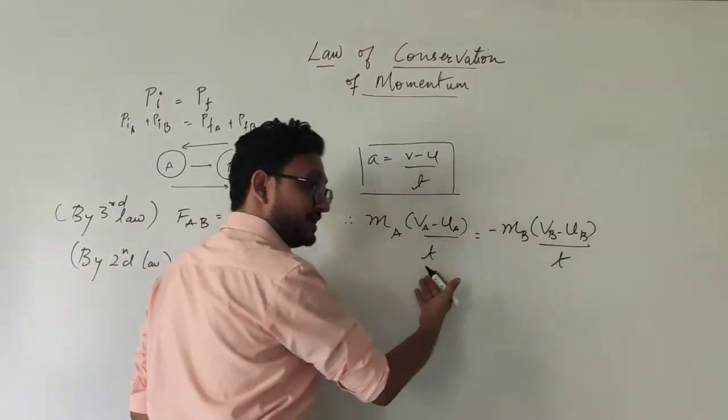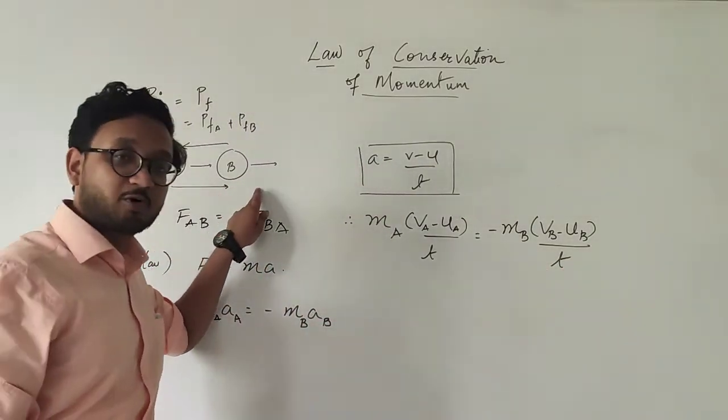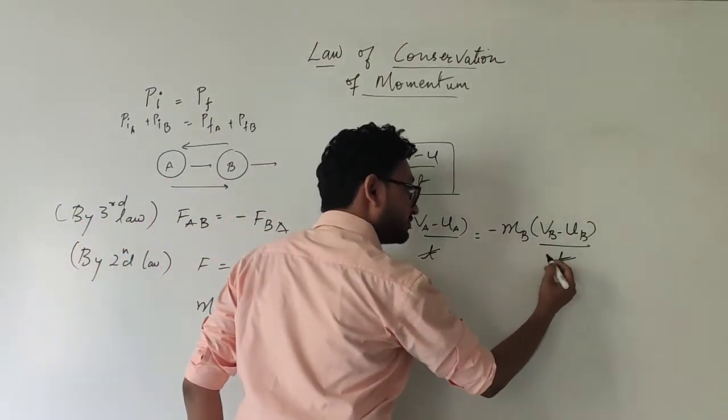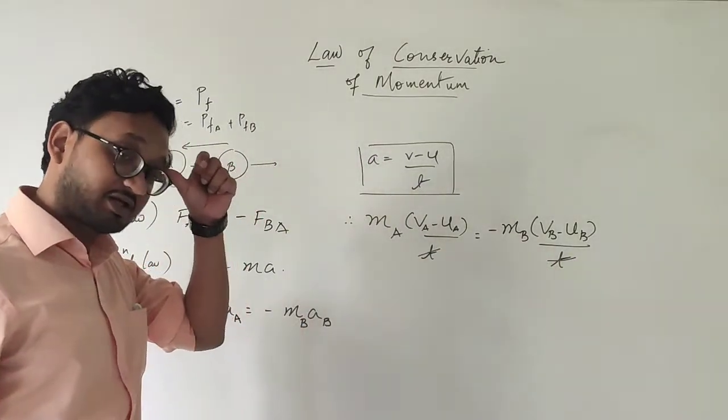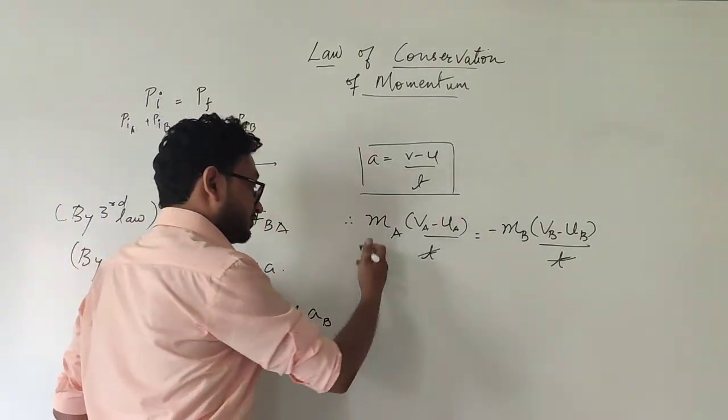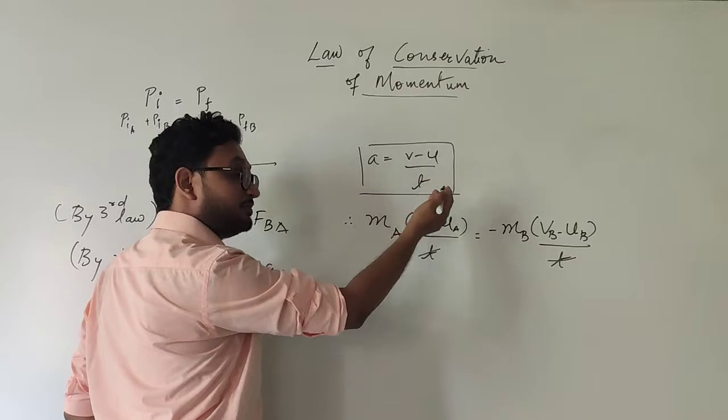Because time is the same, because they both strike at the same moment, the time is similar for both of them. You can remove time from both the sides, cross multiplication, and it becomes 1. So there is no need for time anymore. What we have left over here, now simply multiply this.